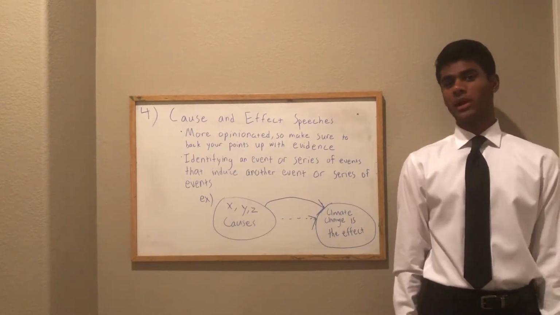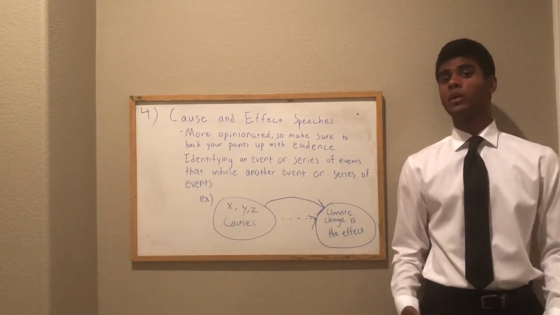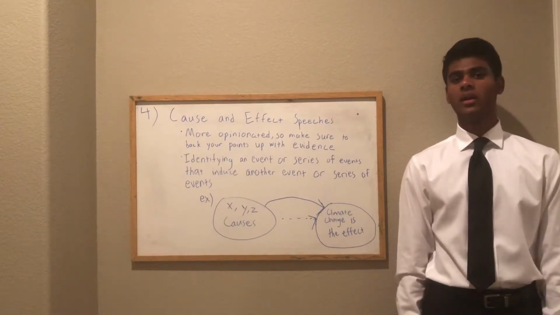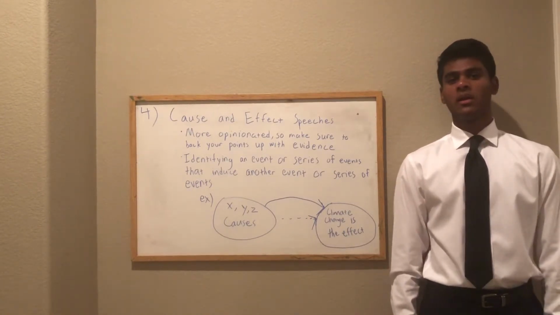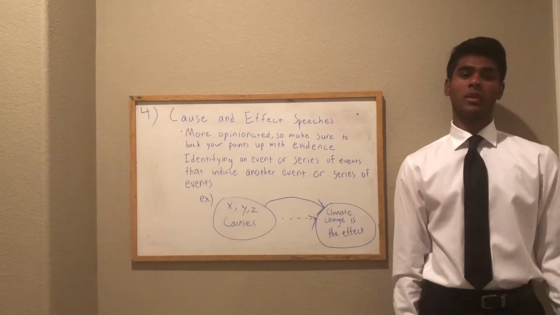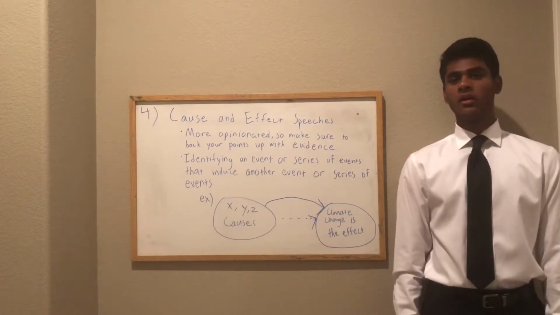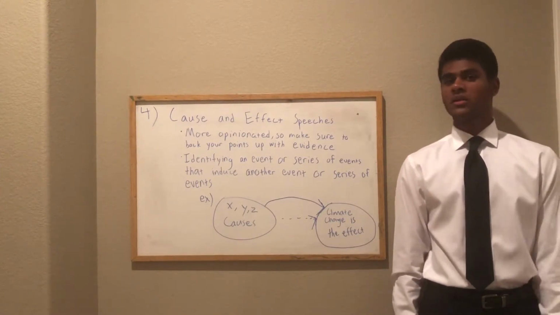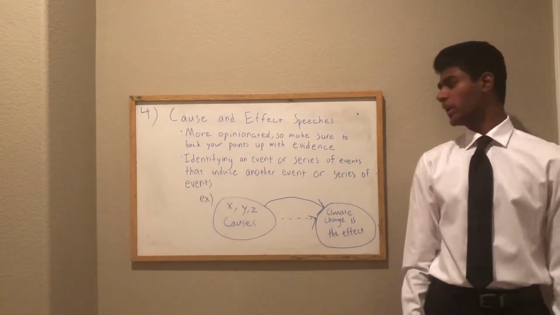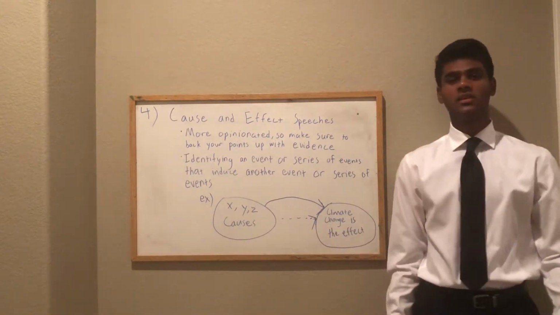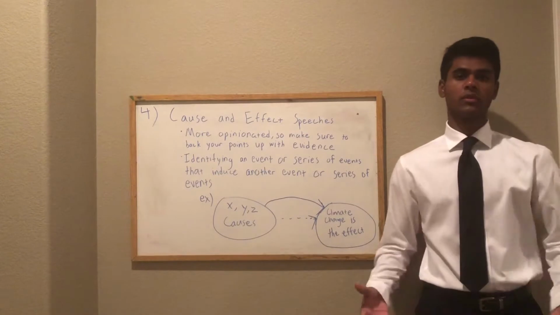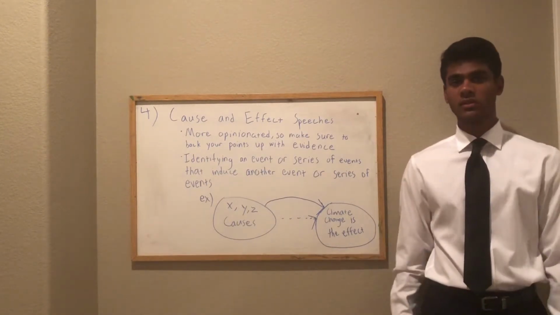A great example, actually a really big and really relevant example right now, is climate change. A lot of scientists, and a lot of politicians too, are debating what the real causes of climate change are. So on one hand, we have causes X, Y, Z. These are just variables, of course, for different types of causes.